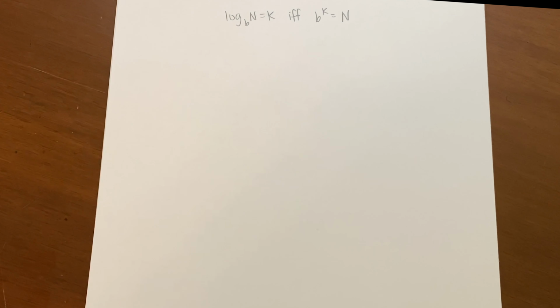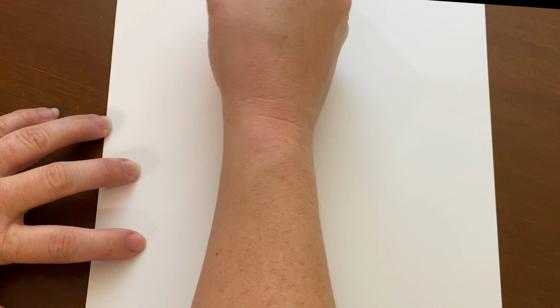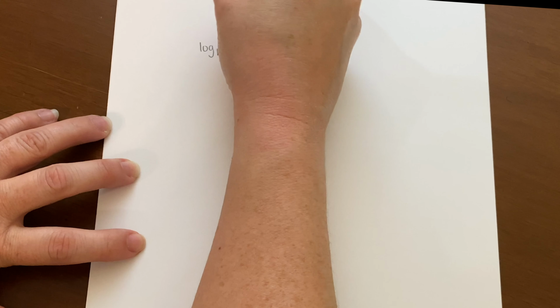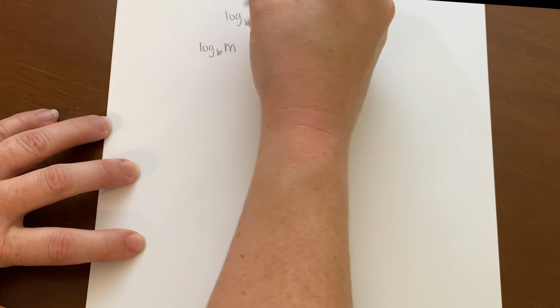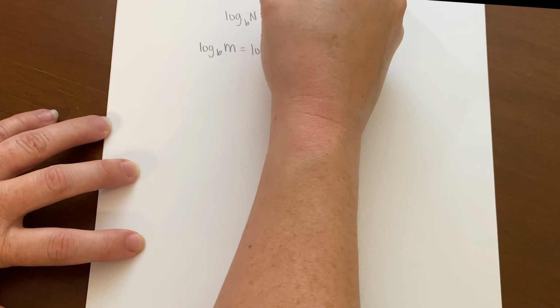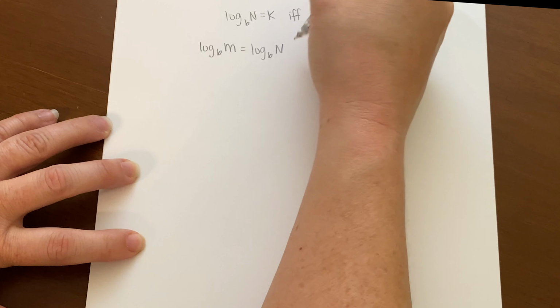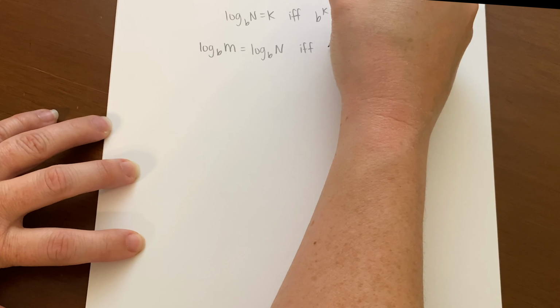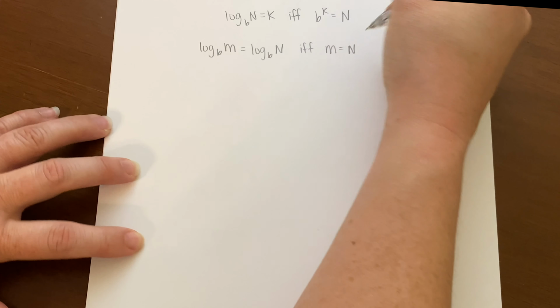Every positive number has a unique logarithm with base b. Since the base b exponential function is 1 to 1, its inverse is 1 to 1. Therefore, and this is from your book on page 469, log base b of m equals log base b of n if and only if m is equal to n.